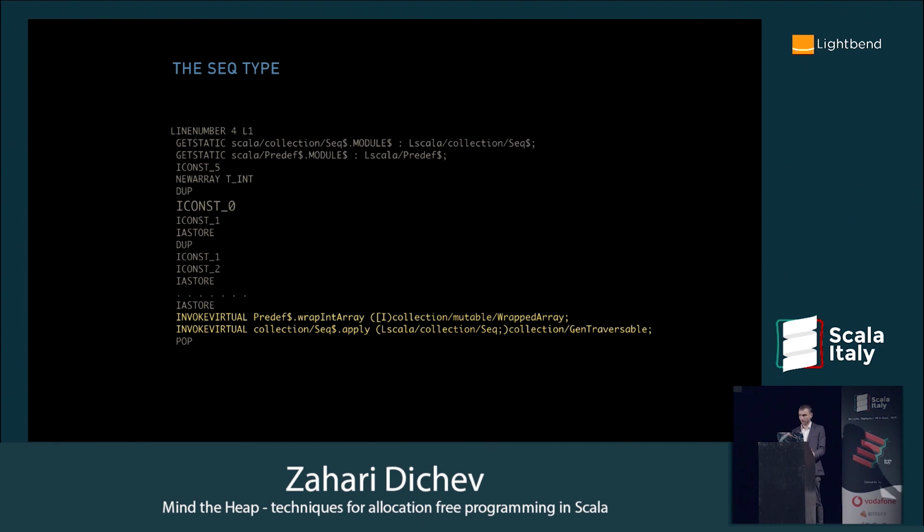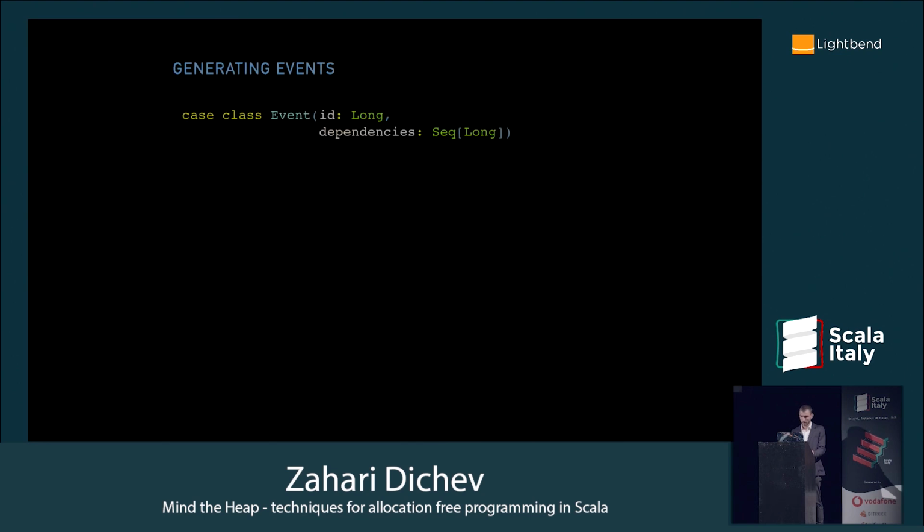So I decided to take a deeper look into all that and see what the impact is on performance if you're using this particular technique of instantiating a list. Imagine that you have this event that has some ID and a Seq that has some other event IDs that are its dependencies.